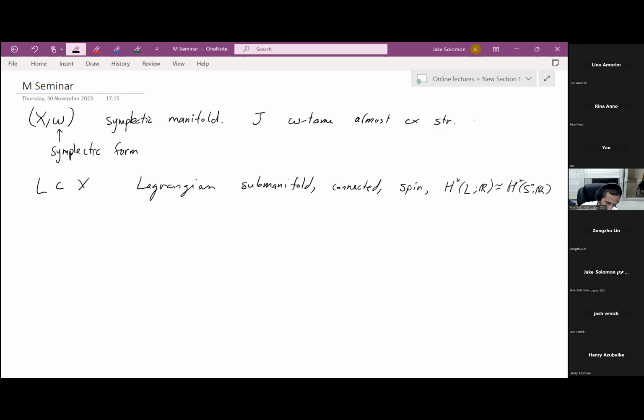Let's assume that n is the dimension of everything here, so the real dimension of X will be 2n.